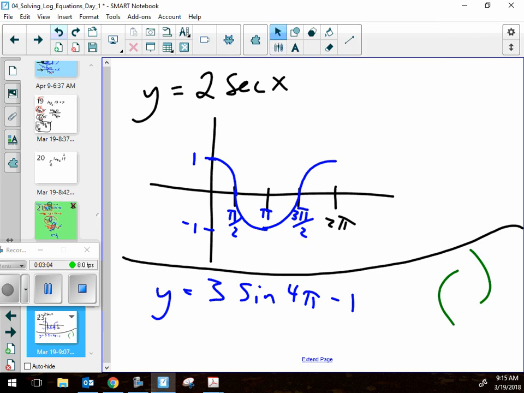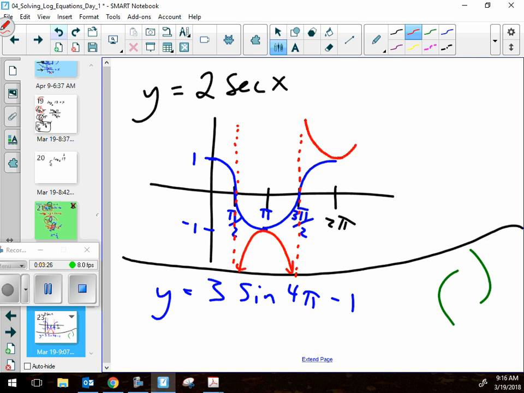Next, I realize, wait a minute, I'm actually supposed to be graphing secant. So secant is the one that's 1 over sine. That means when sine hits 0, which would be here and here, it can't exist. So that reminds me that I need to stay in between these and make my loops. Now this would have a whole loop like this and a whole loop like that. And there's nothing wrong with what I just did.